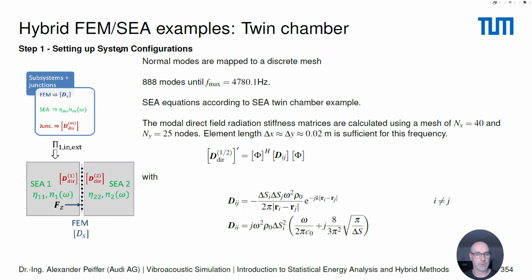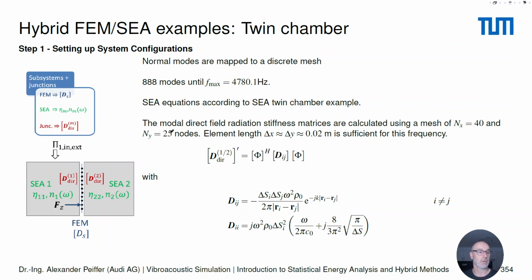Step one was setting up the system configuration. So we mapped the known modes to our discrete mesh. We had 888 modes up to our maximum frequency of 4,700 Hertz roundabout. We set up all the SEA equations according to our shown SEA twin chamber example, but using the hybrid coupling loss factor in this case.